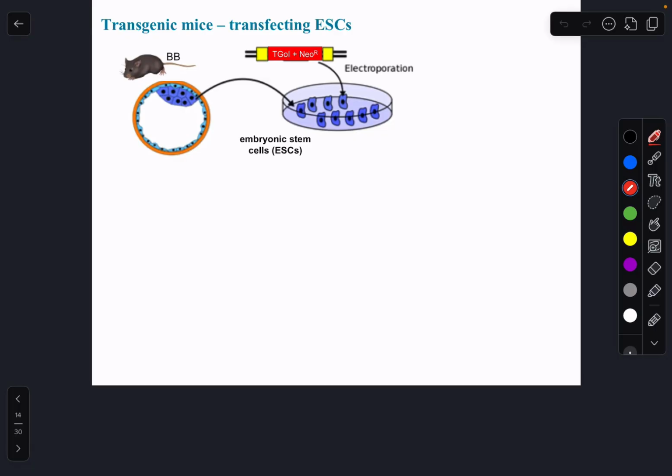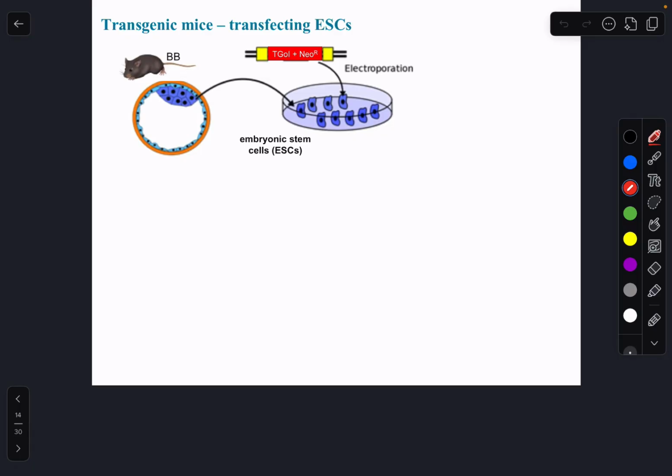Okay? What you do then is take your vector of interest, meaning the one that carries your transgene of interest and some type of selection marker. In this case, I chose, because it's one of the most common ones, neomycin resistance. So neomycin is an antibiotic that attacks eukaryotic cells, not bacteria. Don't go around taking neomycin if you have a bacterial infection, because it won't be good.